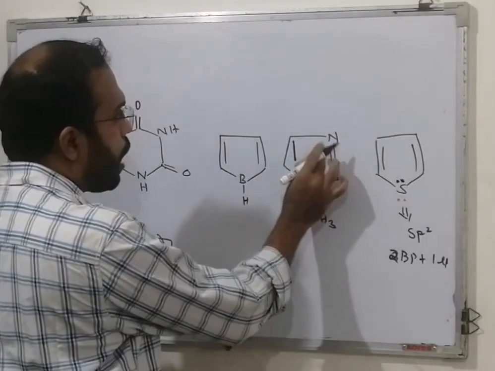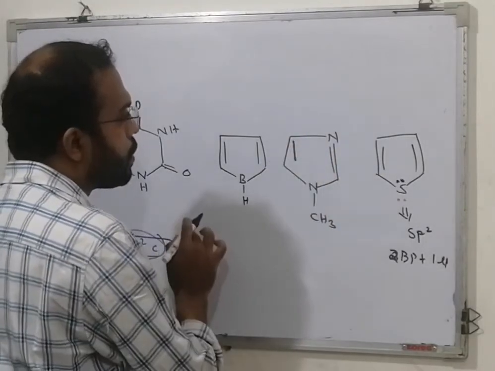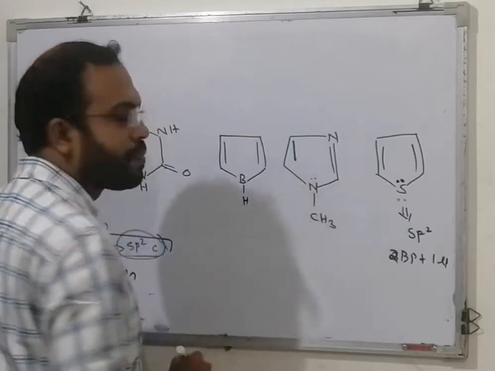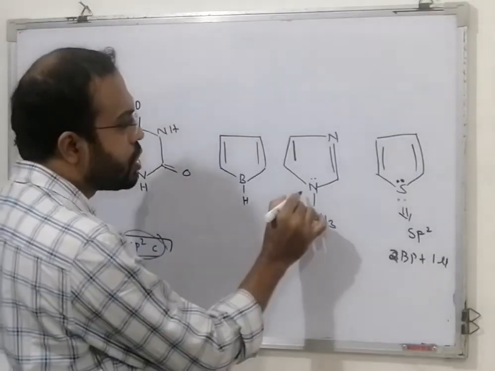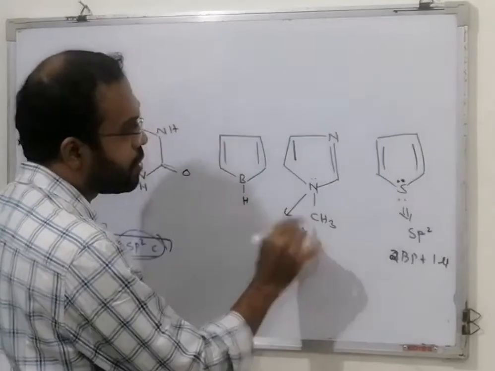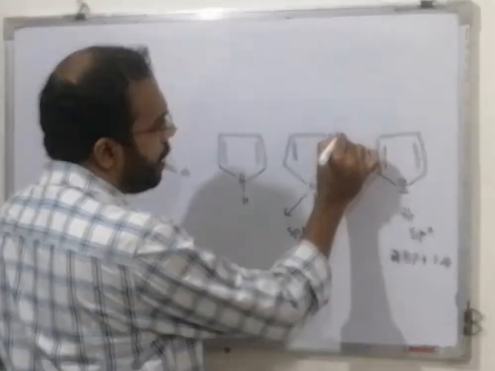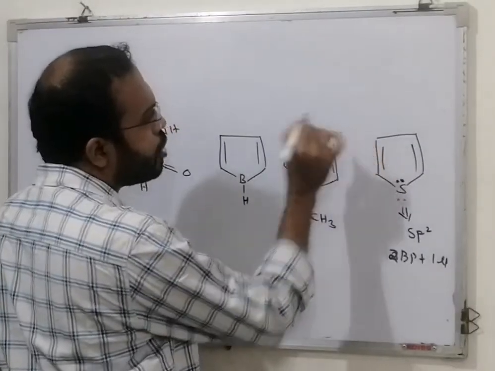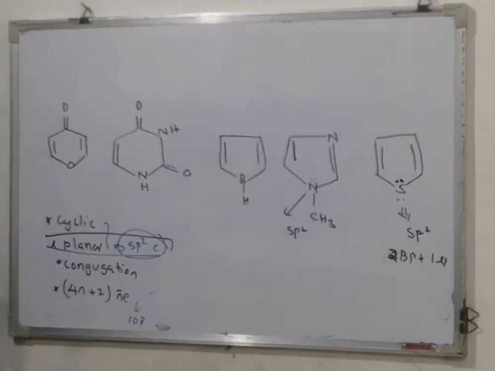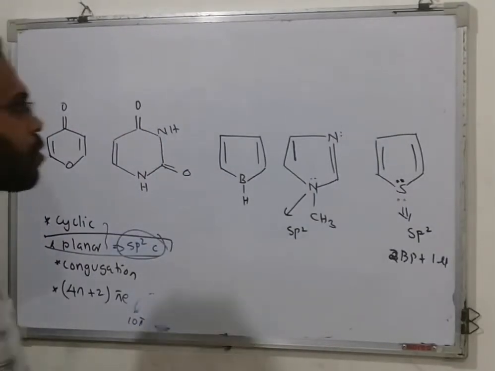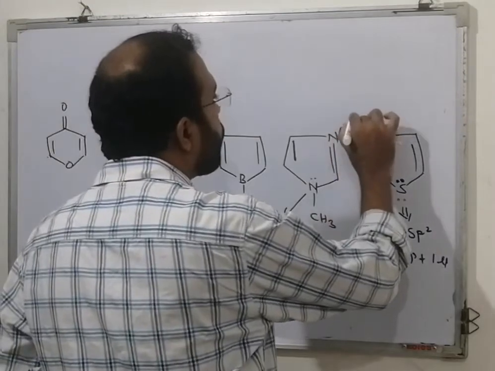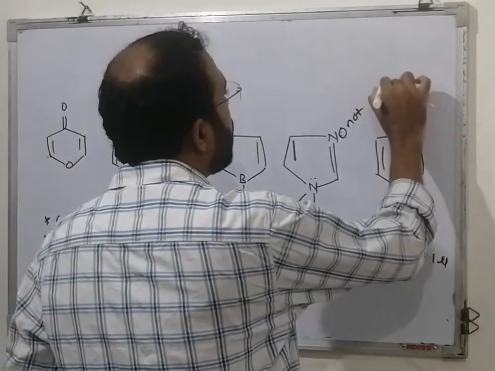Now let us come to here. Double bond, alternate double bond. Now here a lone pair. This nitrogen is sp2 hybridized. Okay, I agree. Here also a lone pair. Is it part of the conjugation? This is not part of the conjugation.